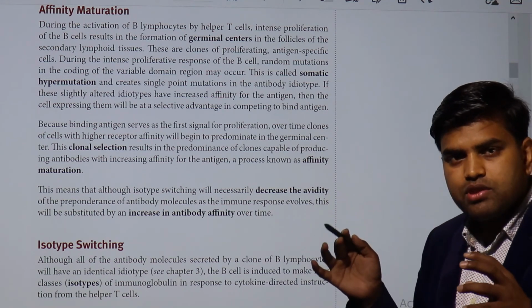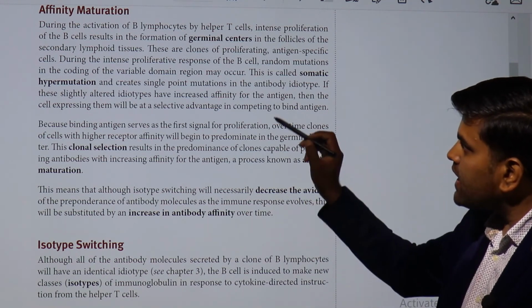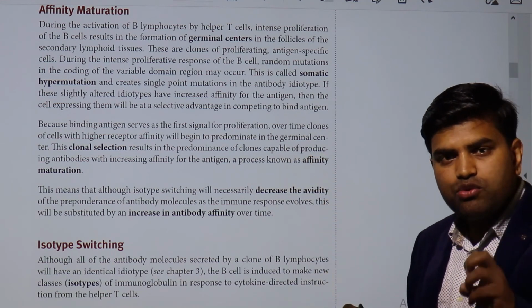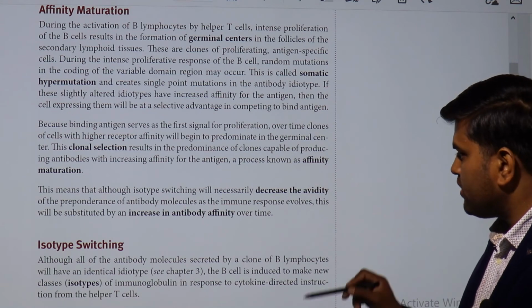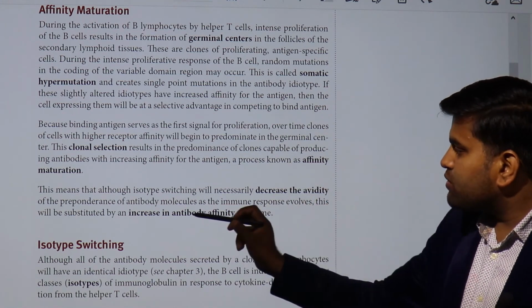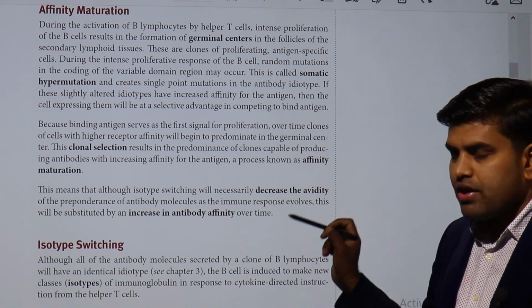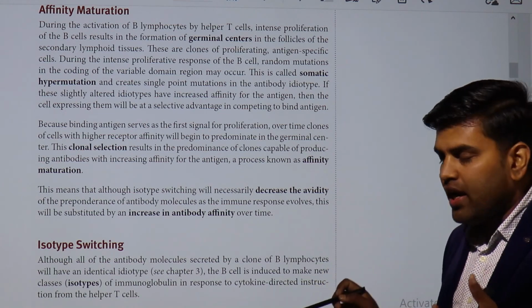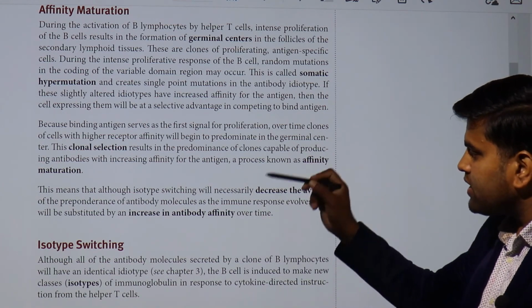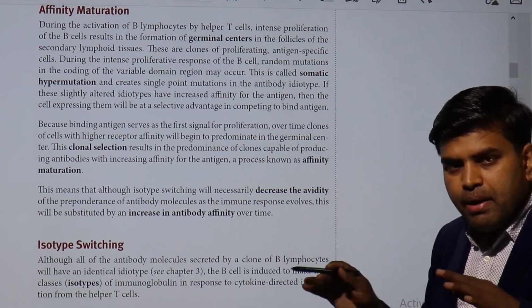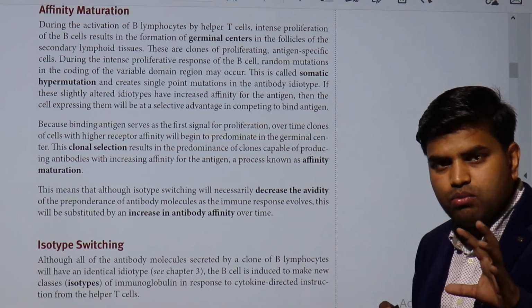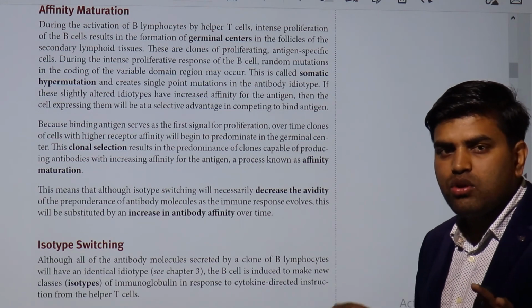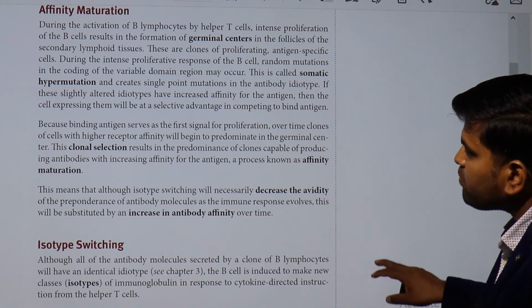The total binding capacity decreases, but since the ability to bind the antigen, the affinity, has increased, this will compensate. So the increased antibody affinity towards the antigen will balance the avidity, balancing the pentavalent IgM which has more binding capacity, against immunoglobulin A or immunoglobulin G.